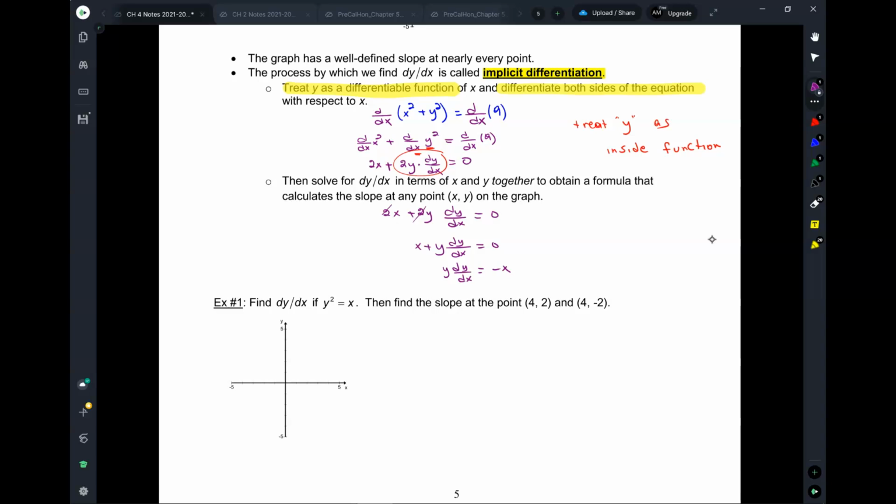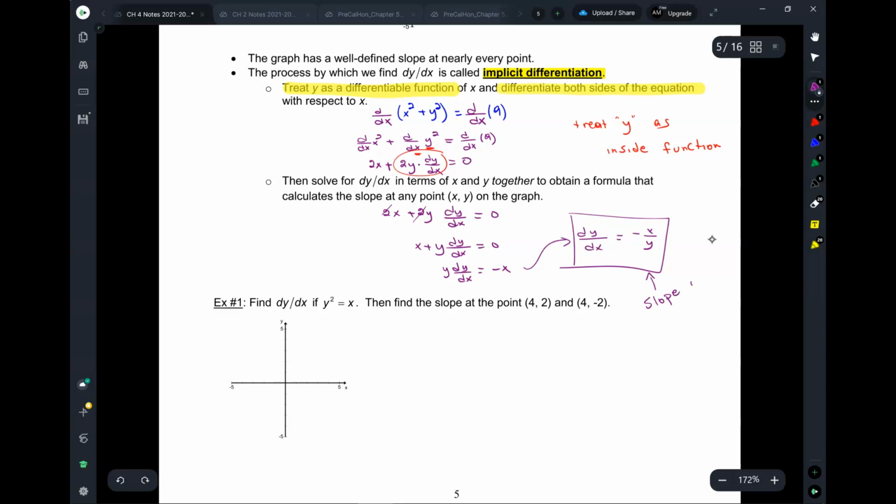Divide by y, so dy dx is negative x over y. Okay? And now that is the slope at any point.